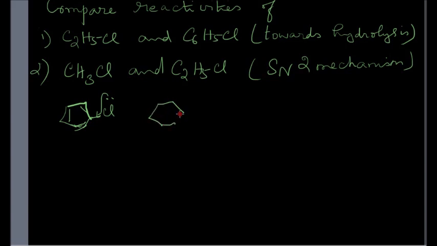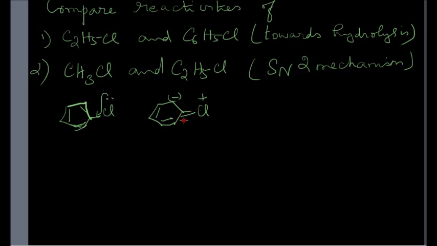I will give you one of the resonance structures. It will be like this. What you see is the chlorine is attached to the benzene ring by a double bond. It is not an exact double bond but a partial double bond, because it's not a separate molecule, it's one of the resonance structures only. So we say chlorine is attached to the benzene ring by a partial double bond.